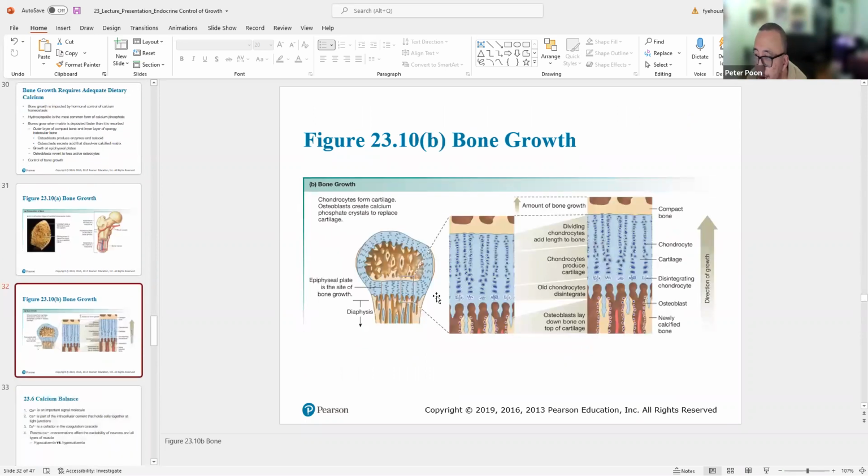Here's bone growth. Osteoblasts create calcium phosphate crystals to replace the cartilage, and so you'll see cells dying here and replaced by bone. The cartilage will grow on one side and die on the other side, and it'll be replaced by bone.